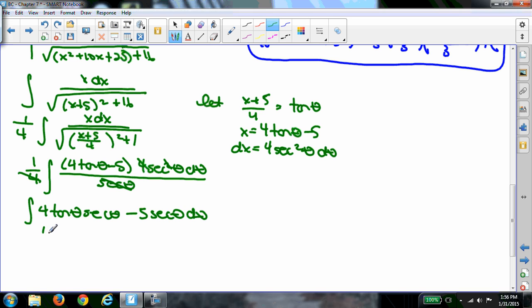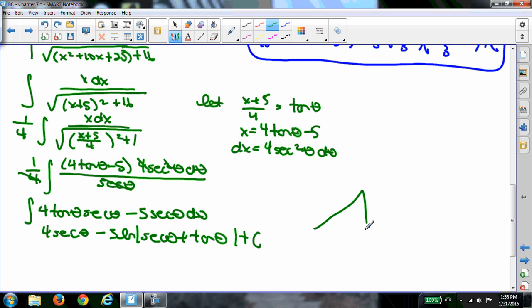Integrating is 4 secant theta minus 5 natural log of secant theta plus tangent theta, plus c. And now for our triangle. So here's my theta. Tangent is opposite over adjacent, making the hypotenuse square root of x plus 5 squared plus 16.